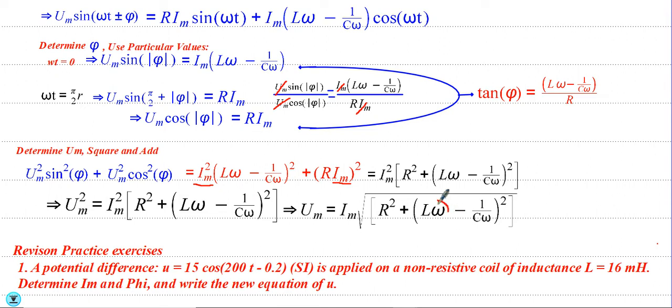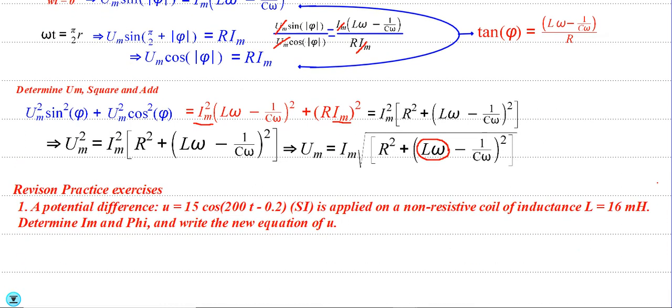What is significant is that L omega we call the inductive reactance, XL. And 1 over C omega we call the capacitive reactance, which is X of C, which is 1 over C omega, or you just keep it like this. It's true and right as well.